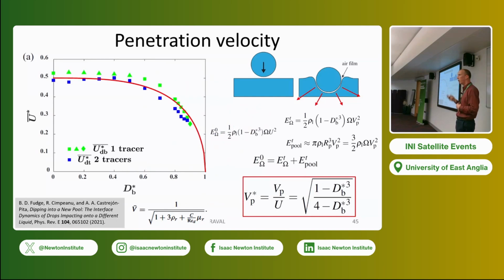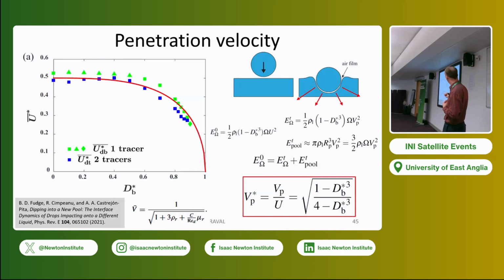Usually for bouncing, you have a transition in terms of the Weber number. But here, the Weber number is a bit modified, because the impact velocity is resisted by the surface, and here you have a deforming surface with a pool. So we characterize the velocity of the front between the drop and the pool. This is usually, for a full drop, about half of the impact velocity.